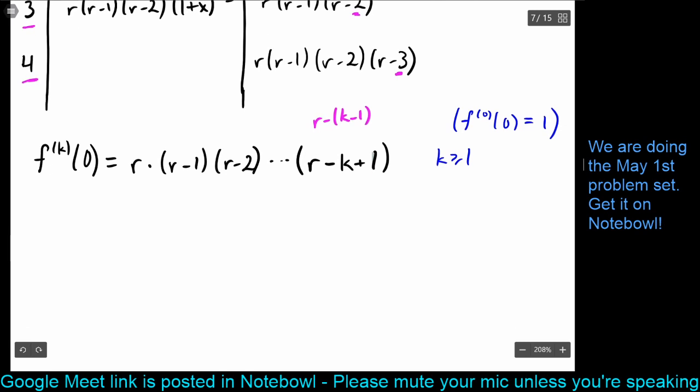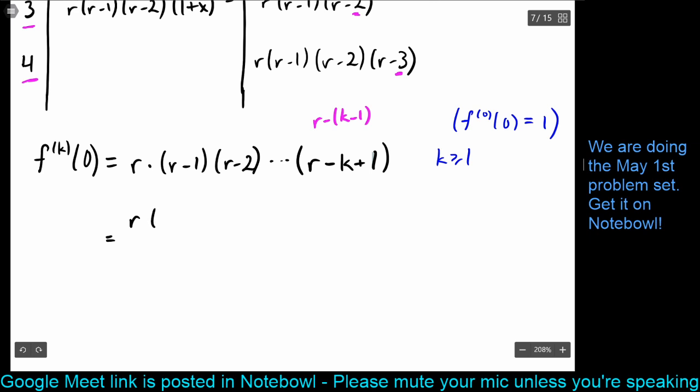Anyway, speaking of factorials, this is fine. We can understand this pattern, but it would be nice to write this in a more condensed way. And we can do that.